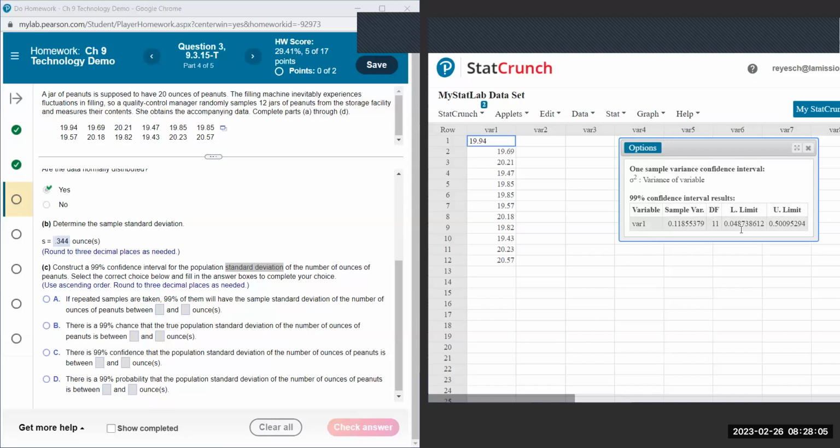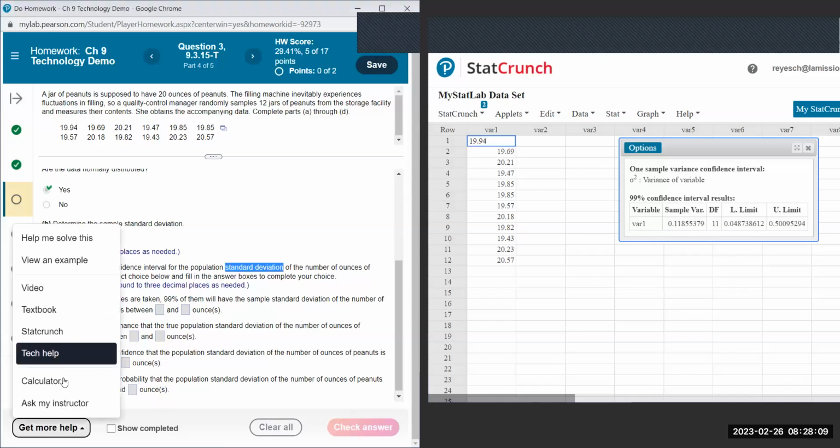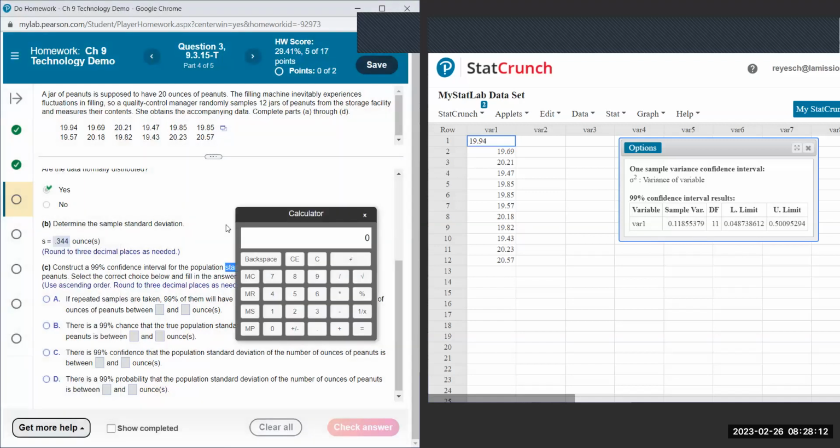So I have to take those 2 numbers and I have to take the square root. So my lower limit is 0.04. Just kind of type in all those numbers so that you don't have any rounding error. And we're going to round it to 3 decimal places. So let me put it here for now. So 0.221. And then do the same thing for the upper limit or the upper bound.